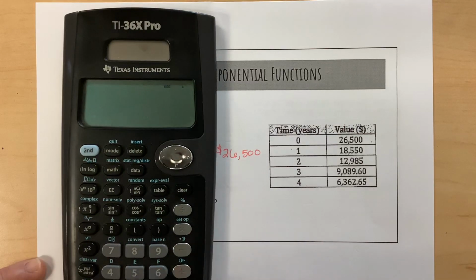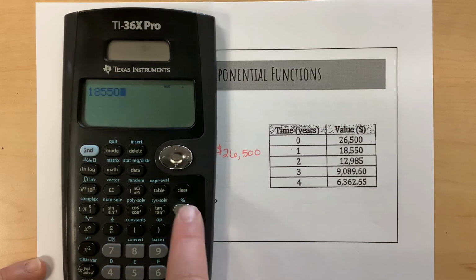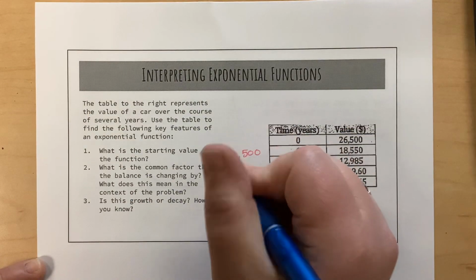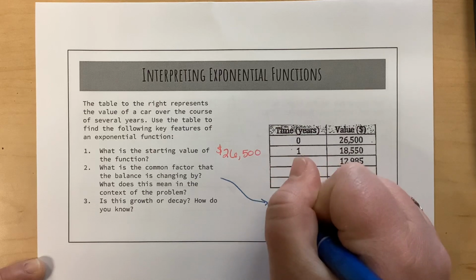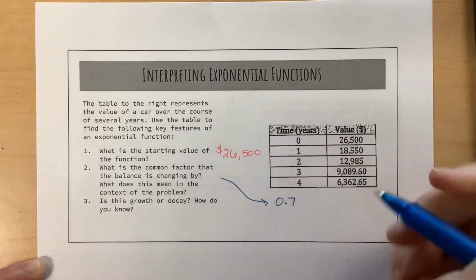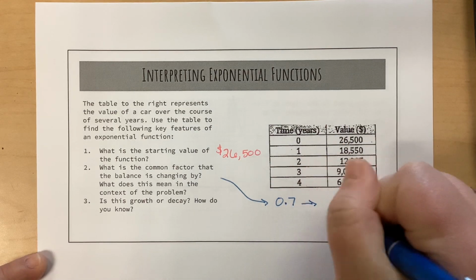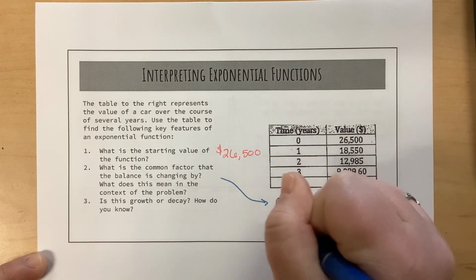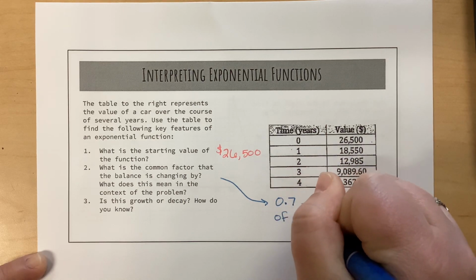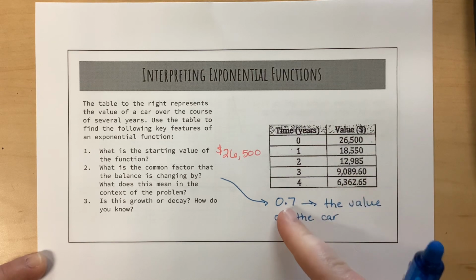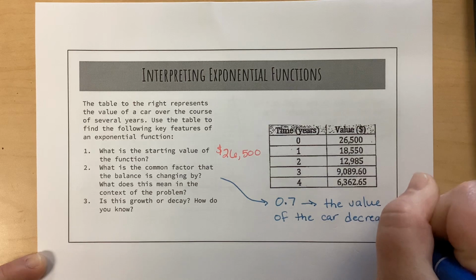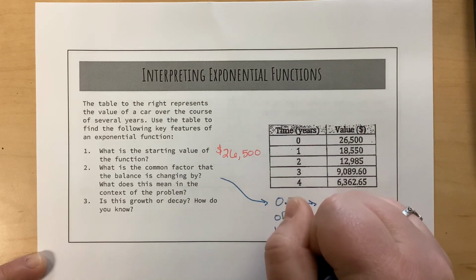All right, what is the common factor that the balance is changing by? So I'm going to take 18,550 and divide by 26,500, and that's 0.7. I'm going to draw a little arrow over here, so that's 0.7, which means that the value of the car is decreasing because this is less than 1, decreases by, and then we have to find the percent.